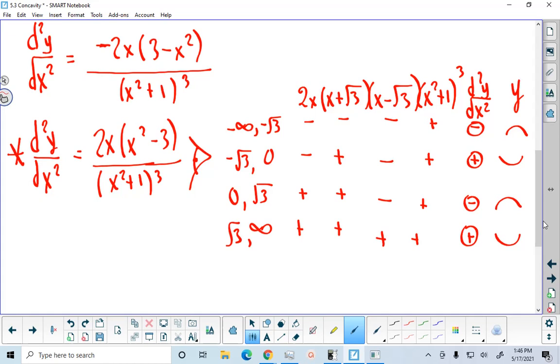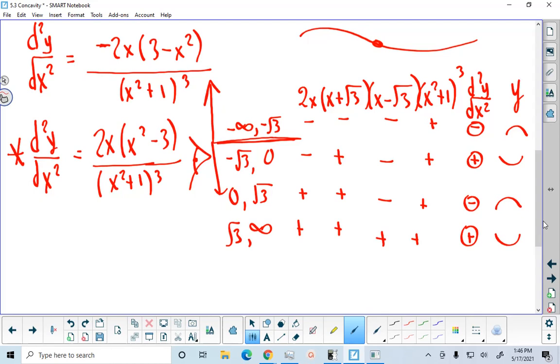Let's just stop for a second. That means that the function before negative root 3, on this side of negative root 3, the graph is concave down, and then on the other side of negative root 3, it's concave up, which means the concavity changes. So if the concavity goes from concave down to concave up, there's an inflection point.